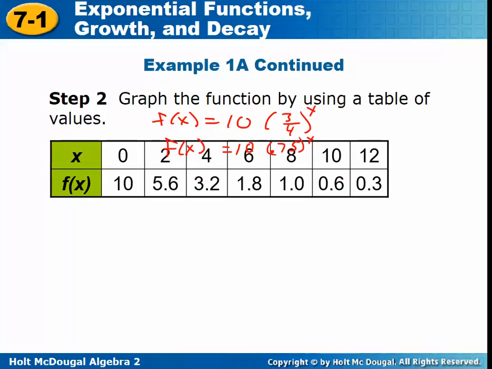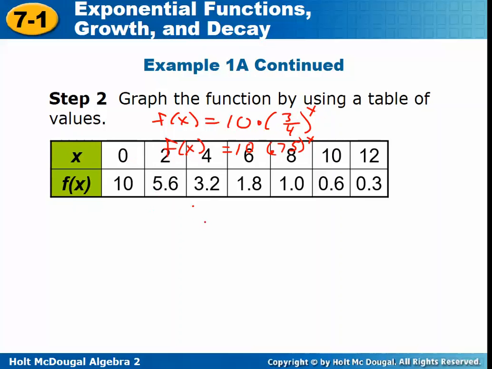So one way to graph this is to plug in values for x and solve using a calculator and find out what you get. Do be careful that when you use a calculator that you do the 3/4 to the power and then multiply by 10. So in the first one, 0 is easy because 3/4 to the 0 power is 1, 10 times 1 is 10.